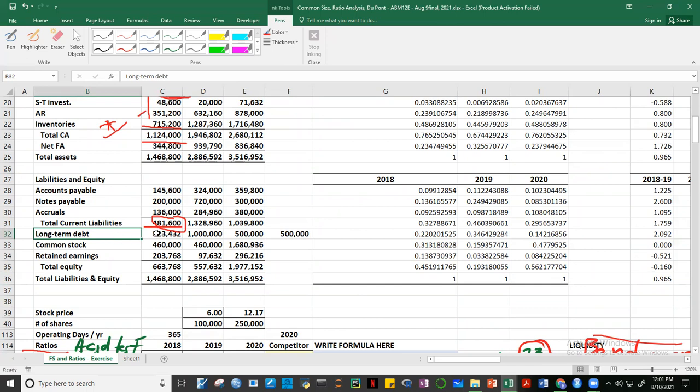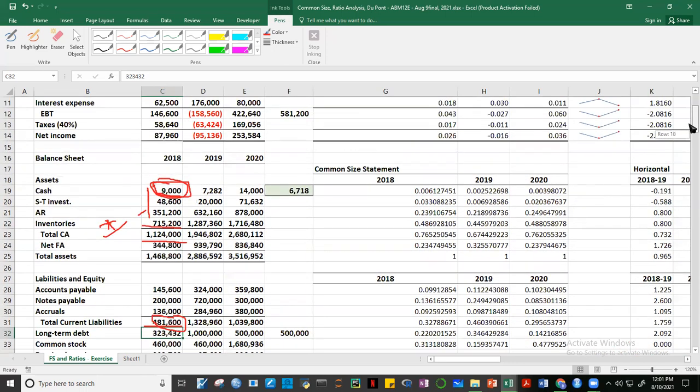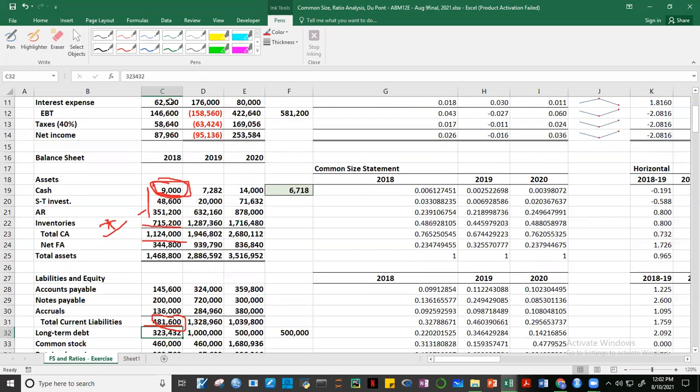So hindi natin alam kung nag-increase or nag-decrease yung long-term debt. So we will just assume na wala tayong principal payments dito. Meron tayong interest lang. Interest natin sa 2018 is 62,500. Kailangan natin to kasi this will be part of the denominator.